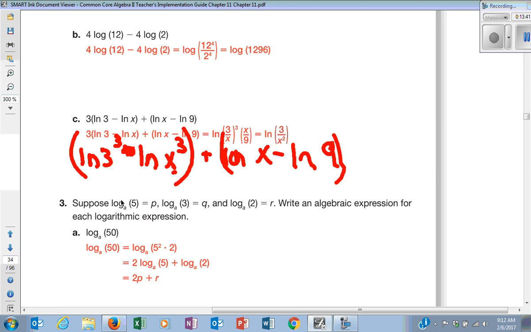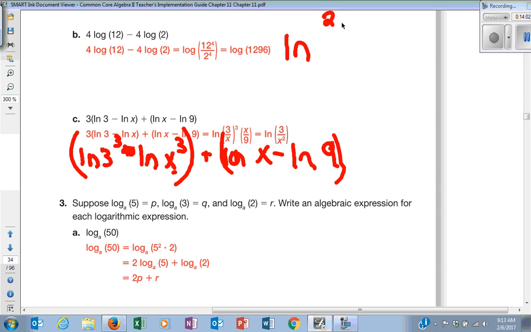So I get ln of 3 to the 3rd, which would actually be 27.